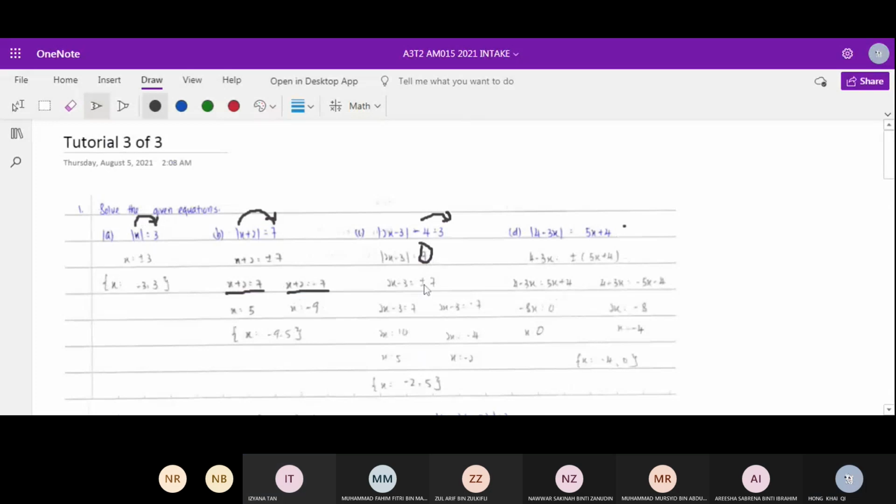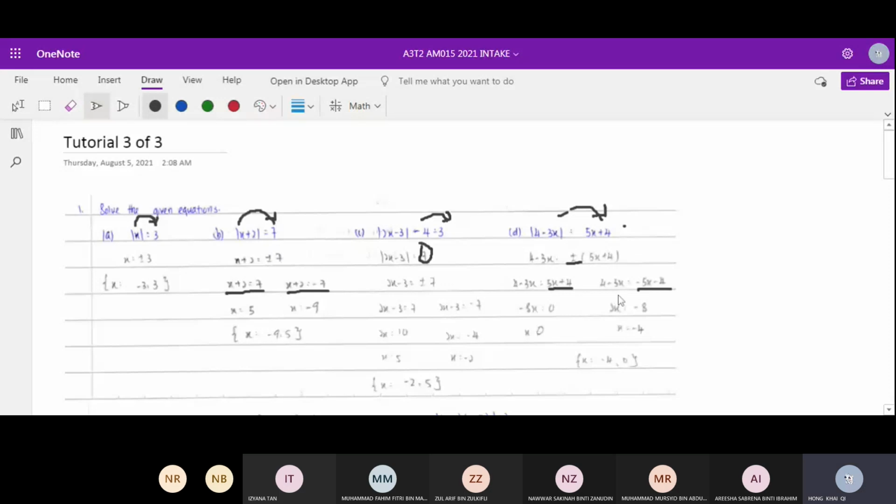And for D, it is also the same. You need to change the modulus to the right hand side first. So you bracket 5x plus 4, and beside it you add plus minus. So positive gives 5x plus 4 here, and negative gives negative 5x minus 4 here.